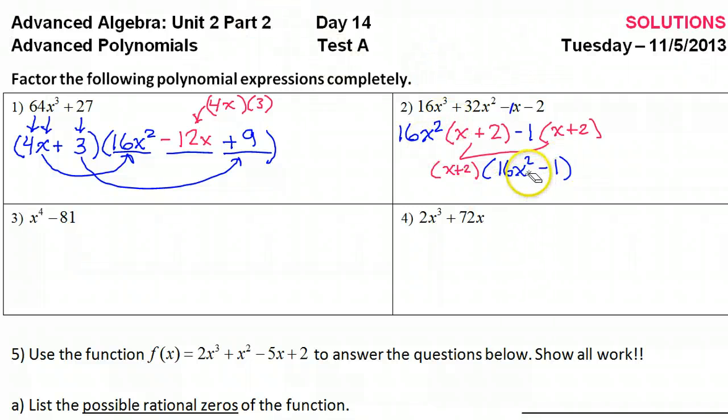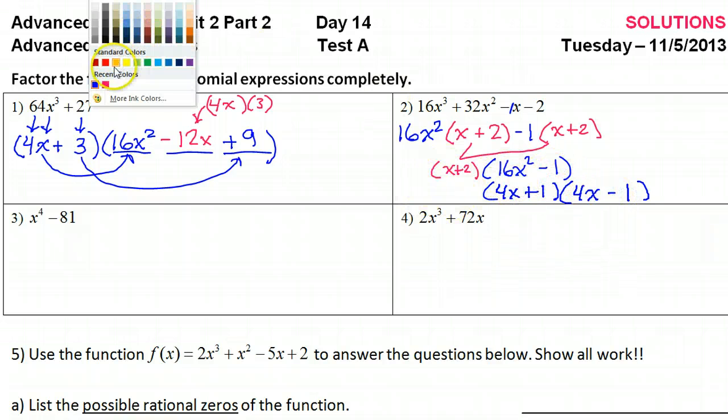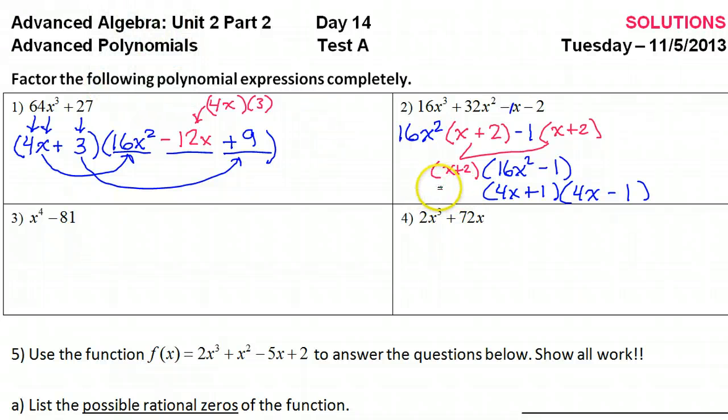The 16x squared minus 1 can be factored further as the difference of two squares. So this can factor as 4x plus 1 and 4x minus 1. And we'll just bring down the x plus 2, and that will be the final answer. So this is the final answer right here.